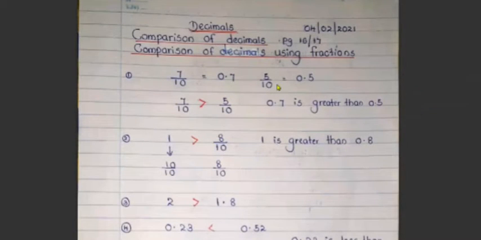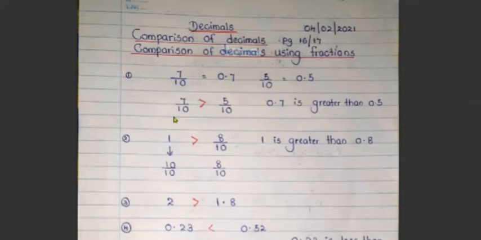Comparison of decimals using fractions. Children, 7 over 10, fraction form. How do you write in decimal form? 0.7. 5 over 10, decimal form, 0.5. Now we are going to compare which is greater.